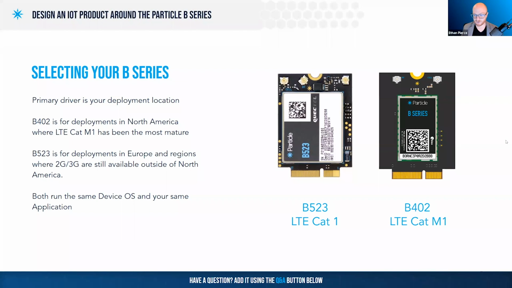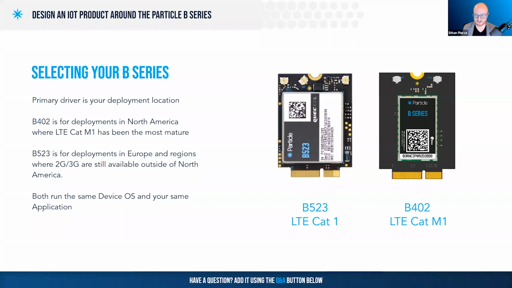The first module that we introduced in this form factor is the B402 B series, which is built on top of Cat-M1. That's primarily driven for North America, where Cat-M1 has been the most mature. Then we have a second SKU, in that same form factor, which is intended for Europe and regions where 2G is still available outside of North America.